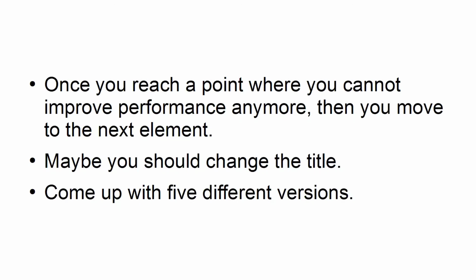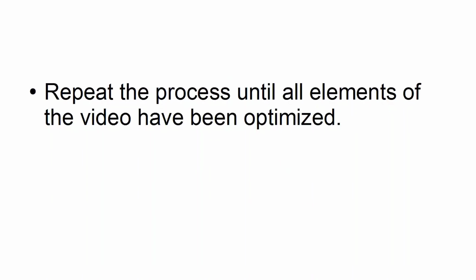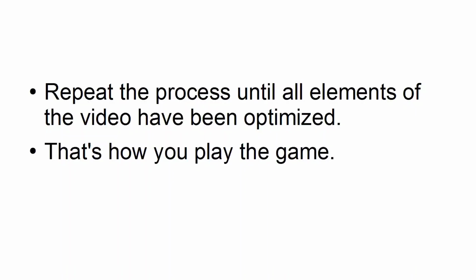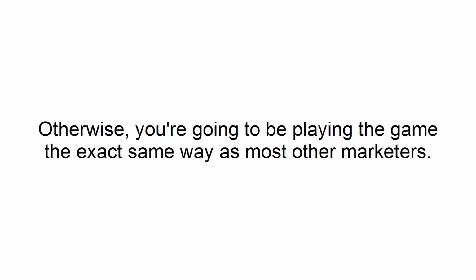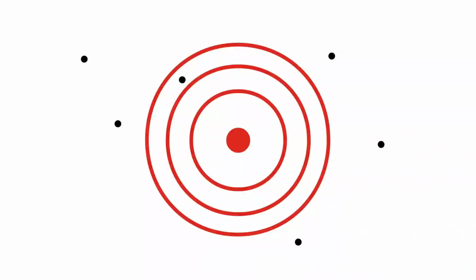Come up with 5 different versions. Repeat the process until all elements of the video have been optimized. That's how you play the game. That's how you increase your profitability. Otherwise, you're going to be playing the game the exact same way as most other marketers. How do they do it? They just take shots in the dark. Last time I checked, that's a lousy way to get a bullseye.